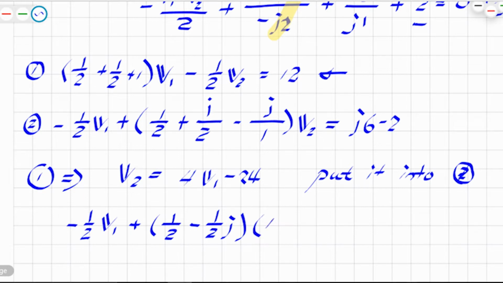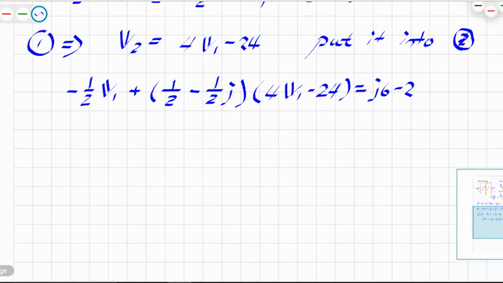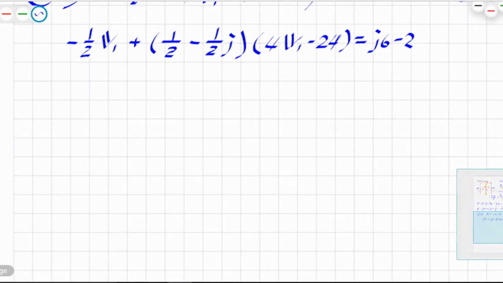And V2 is 4V1 minus 24. And that is equal to J6 minus 2. So now you can see this equation contains only V1. V2 is substituted. And so we just need to simplify it, clean up, and find V1.